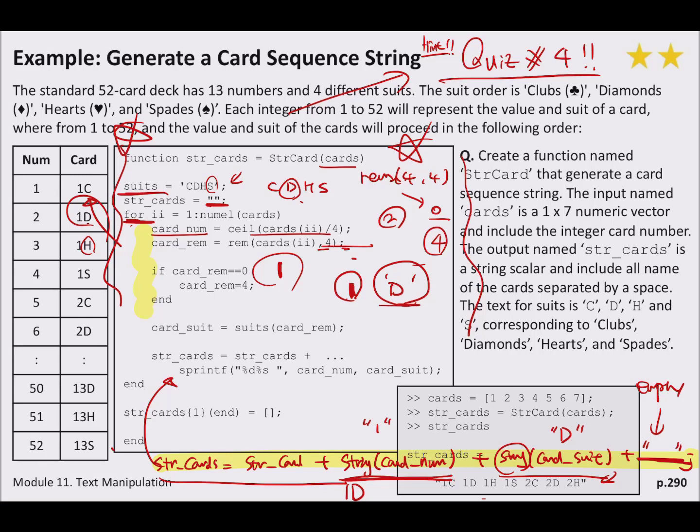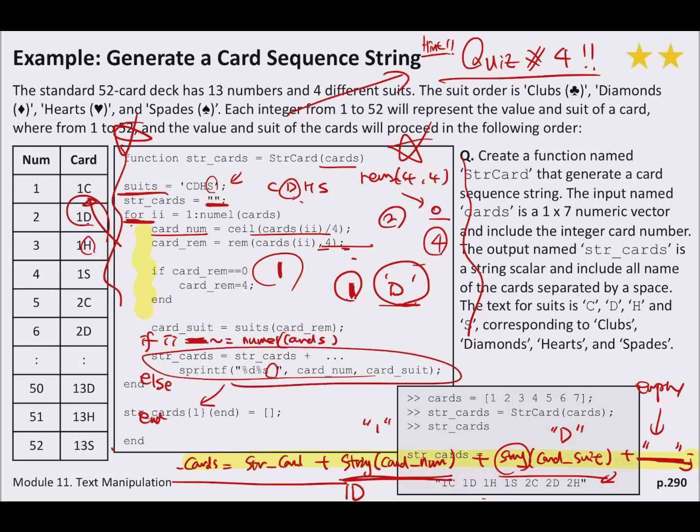Or sometimes a more straightforward way is, let's say, if ii is not equal to numel cards, do this process, else copy this one without this space, so that in the last iteration you're not printing out this empty space at the end. That's one way to do that.